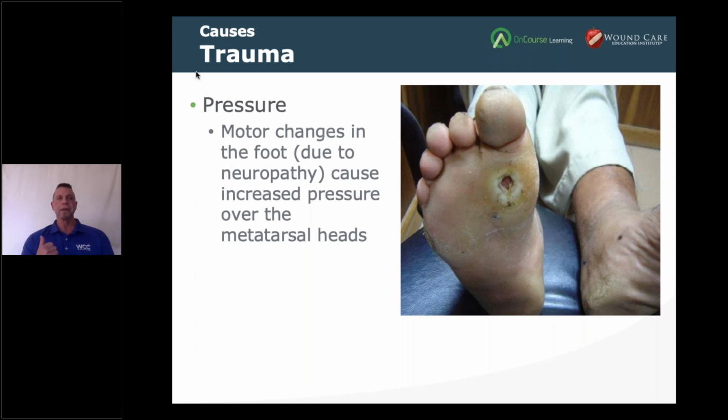And every time they walk, those changes in the structure of their feet, which sometimes are subtle where they don't even manifest as a significant visible foot deformity, but there is shifts in the metatarsal heads and loss of range of motion at different joints. And as they're walking, it's going to increase pressure over those certain areas. And that is done repetitively over and over and over again until it eventually traumatizes the wound.